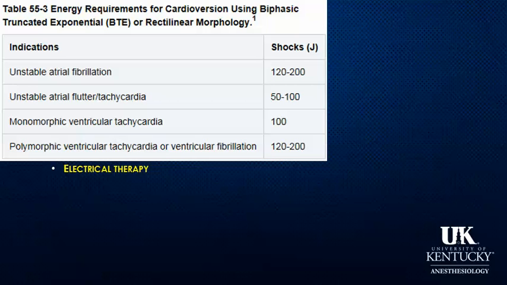However, the essence of this slide is to show that the energy dose for atrial flutter is somewhat less than for atrial fibrillation, and that the standard dose of energy to terminate ventricular tachycardia or ventricular fibrillation is in the 120 to 200 joule range.